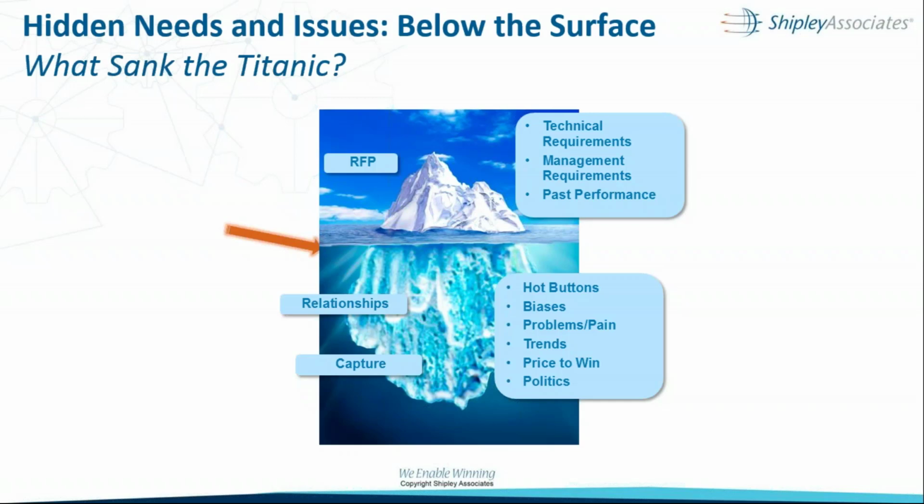On the other hand, the stuff below the waterline, if you think about the iceberg example, is based on relationships, it's based on trust, discovery, open communications, things that go on with the client ahead of the release of the RFP. So really, that's where your organization needs to move more toward that sort of thinking if you're going to be consistently successful.